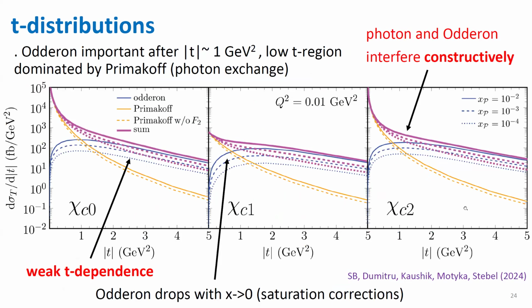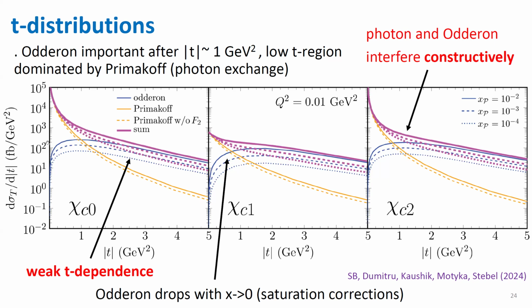And then you can compute the cross-section. So finally, I'm coming to the numerical results. Here I'm showing the t distributions in the gamma star p cross-section for different quarkonia, Chi-C0, Chi-C1, and Chi-C2. And first, let's look at the Odderon contribution. That would be the blue curves that you see here. The Odderon contribution at the initial condition is the full blue curve, and then the dashed and the dotted curves are at lower x or higher energy.